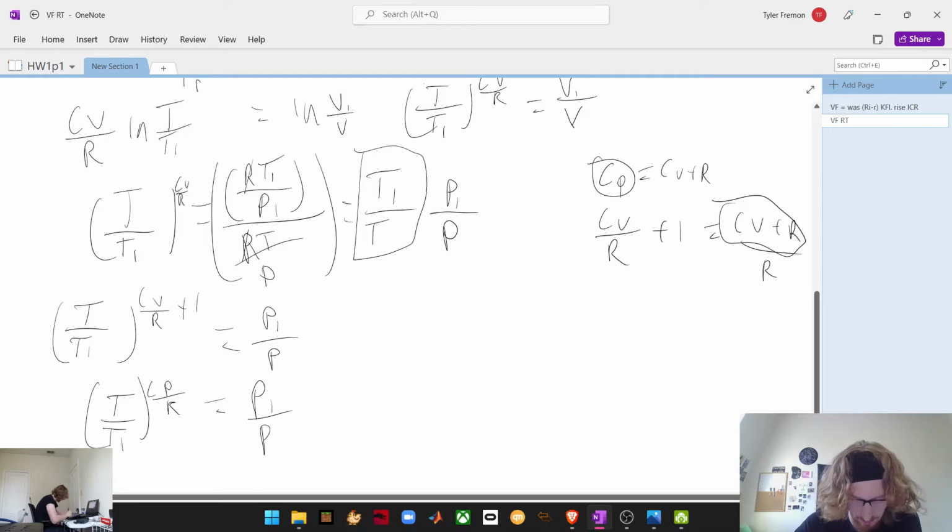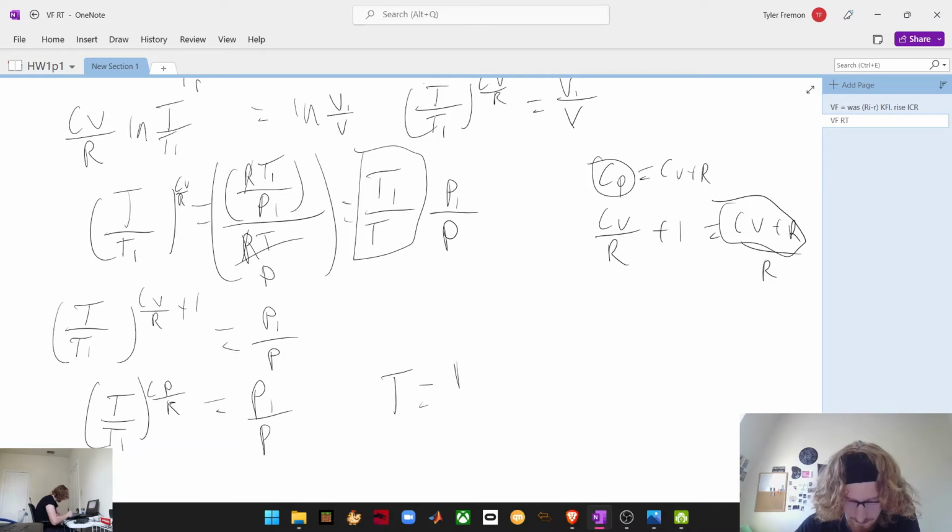And from here we can multiply across by T1, so T will be equal to T1 times P1 over P. To clarify, before we multiply across by T1, we need to raise each side to the reciprocal power. So we're going to have R over Cp, and then we can multiply across by T1.